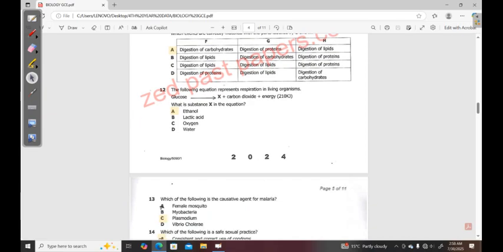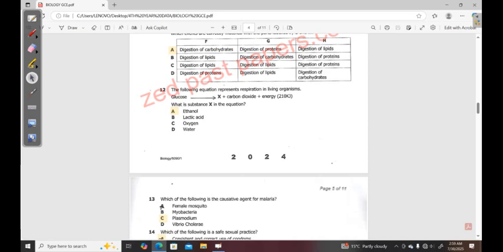Question 12. The following equation represents respiration in living organisms. So what is substance X in the equation? First of all, we look at our equation, which is glucose. There's an arrow. You can see we directly went to the arrow. It means that oxygen wasn't being used in this particular reaction.